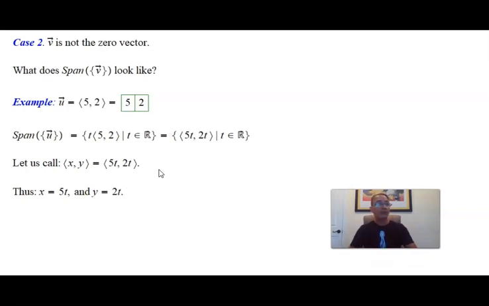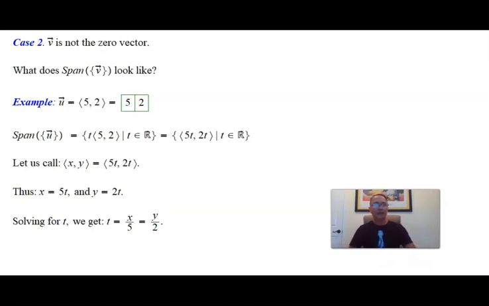So we have 2 equations, and they both involve t. So of course, we can solve for t. Solving for t, we get 2 equations. t will be x over 5, and t is also going to be y over 2.